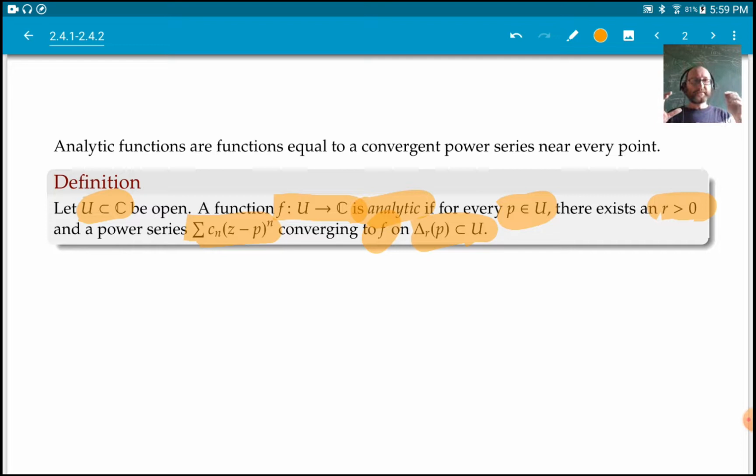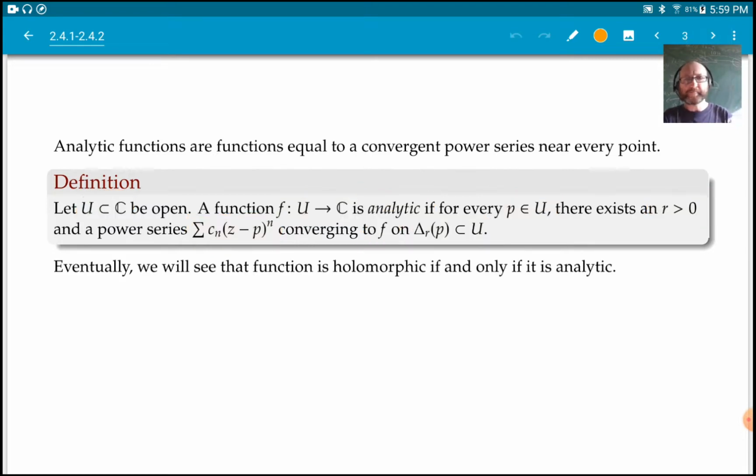So around every point, there is a little disk and a power series that converges to f in that little disk. For every z in that disk, f is equal to this series, and you're supposed to get this at every point. That's what an analytic function is.